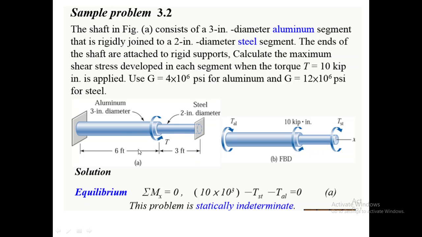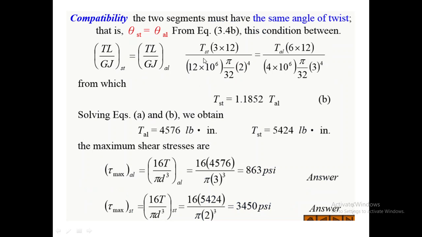So looking at these conditions and taking different given values for all the parameters in this equation, we can see that the torque in the steel shaft is different when compared with the torque at the aluminum portion of the shaft.